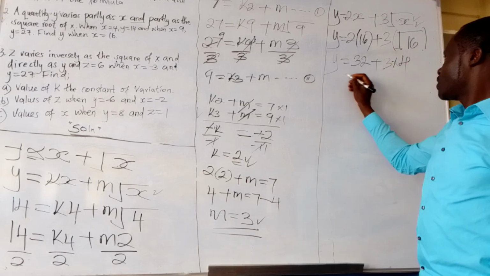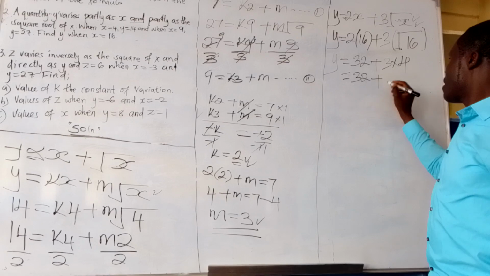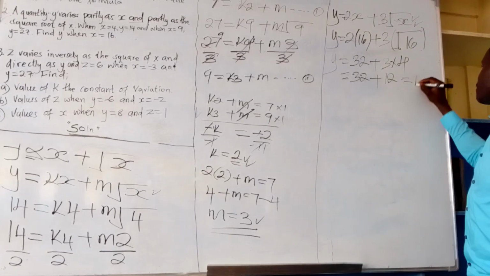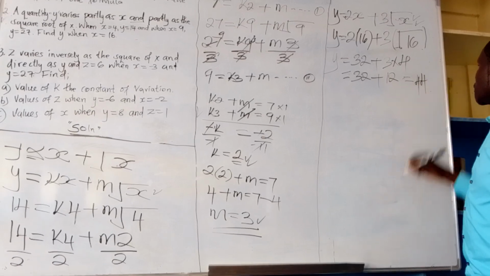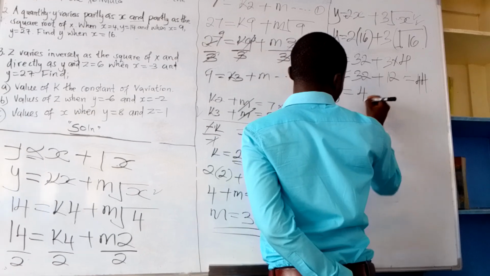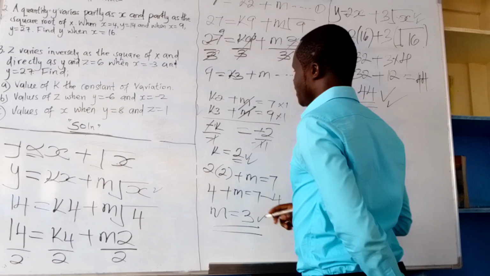So this is going to give us 32 plus 12, which is equivalent to 44. So the value of y is going to be 44, and that is the right answer.